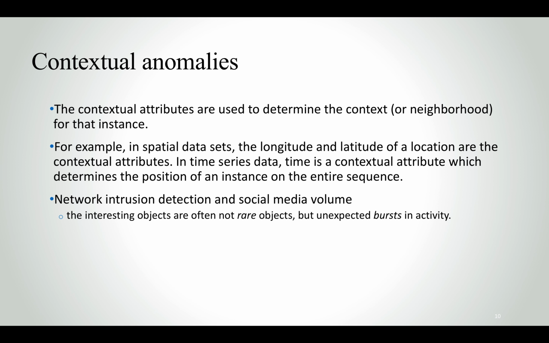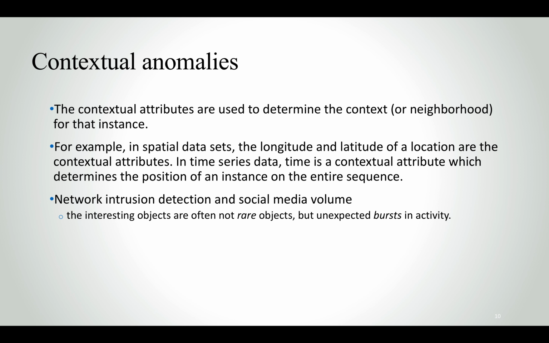Contextual anomalies are a bit different to point anomalies in the sense that they utilize the neighborhood or the context of a particular instance. For example, if you're dealing with spatial data sets, the longitude and the latitude are contextual attributes.